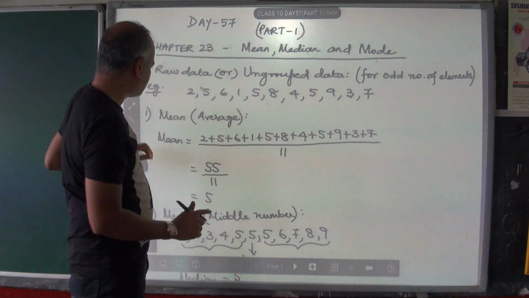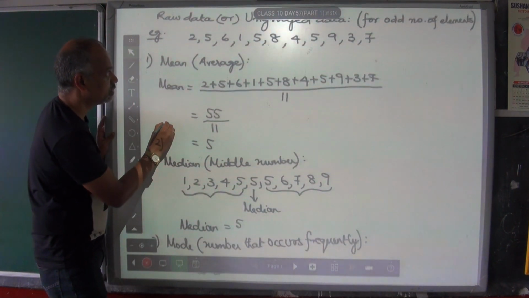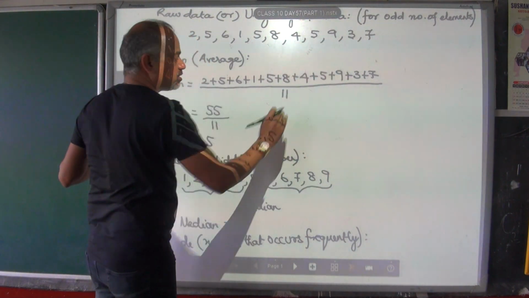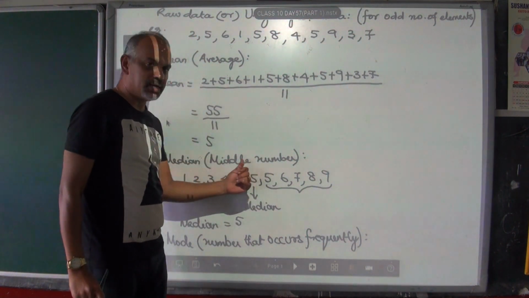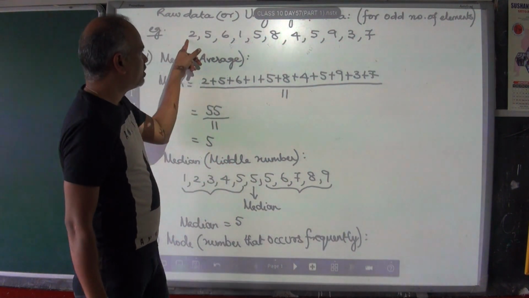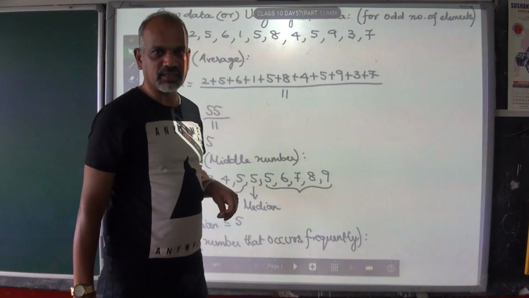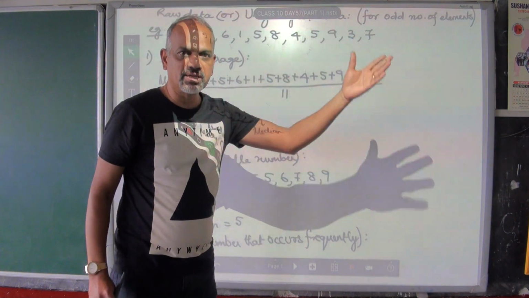That's the first quantity. The second quantity is median. This is the data. For this, you're going to find median. Median means middle number. Now, when you need to find median, you have to arrange this raw data in ascending order. Ascending order means smallest to the biggest.